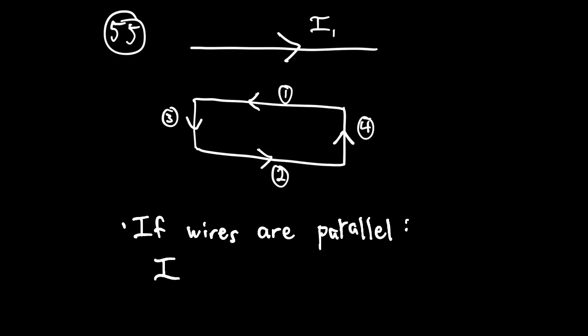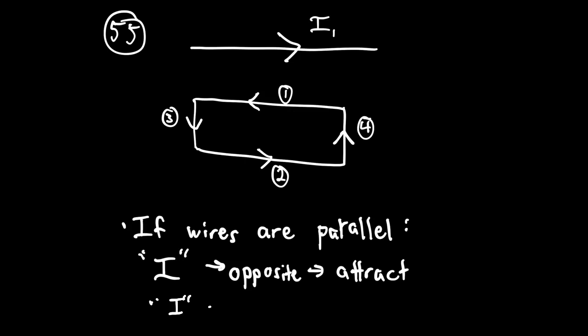If the currents in the wires are in opposite directions, then the wires will attract each other. If the currents are in the same direction, then they'll repel each other.